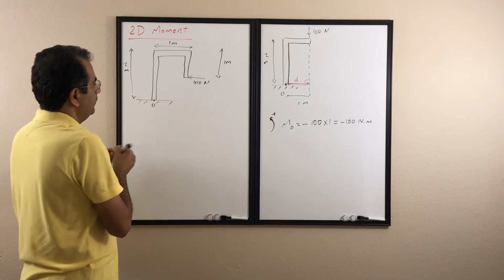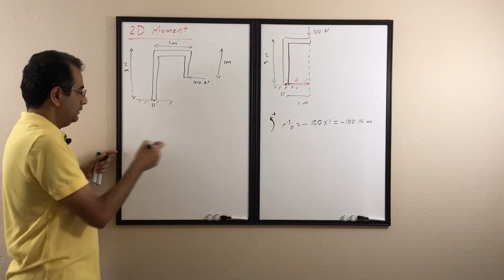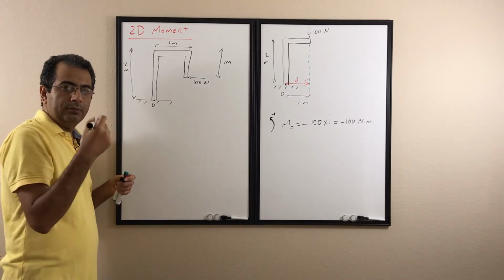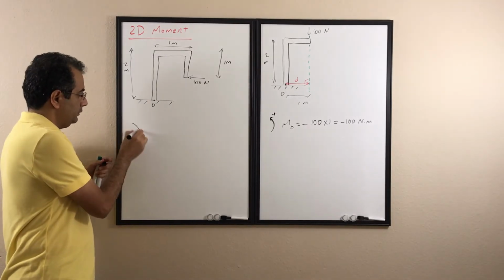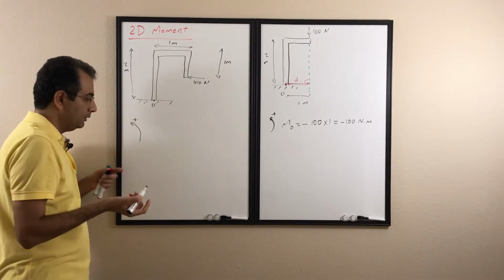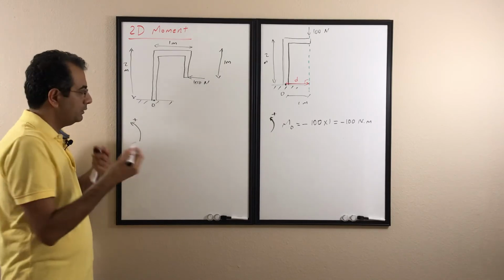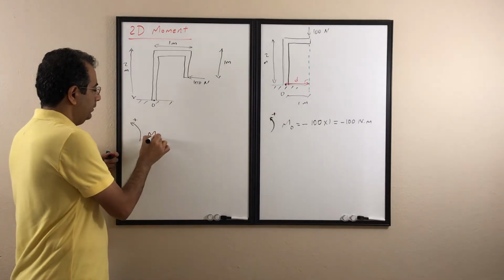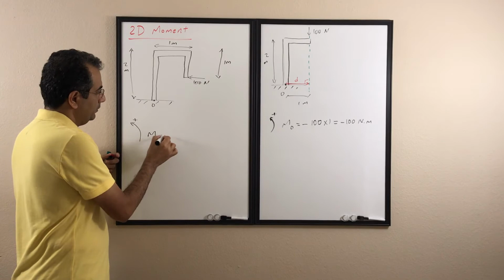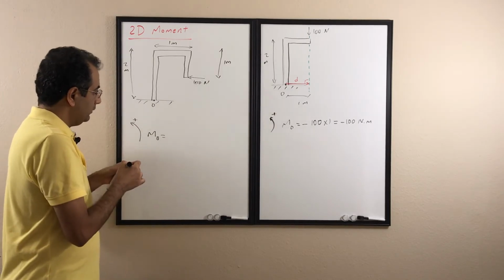To find the moment, the very first thing, again, is to choose the positive rotation direction, which, as here, is counterclockwise. So the M about O is going to be, is it positive or negative?